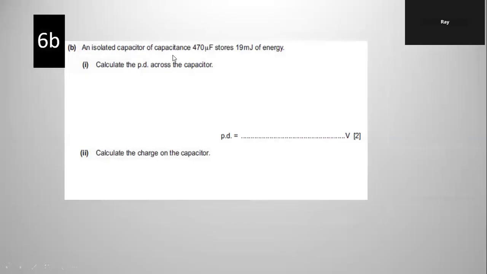A capacitor of capacitance 470 microfarad stores energy of 17 millijoule. Calculate the PD across the capacitor. They give you energy, so you use the energy formula.